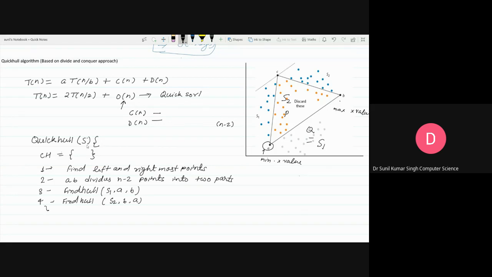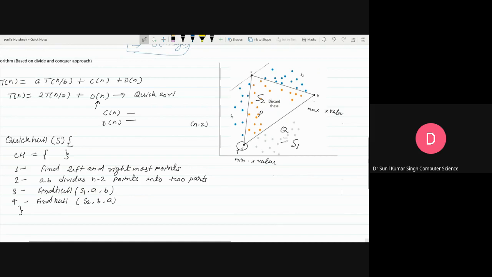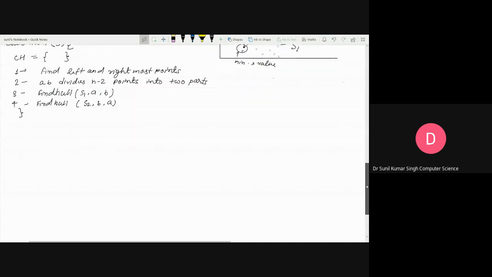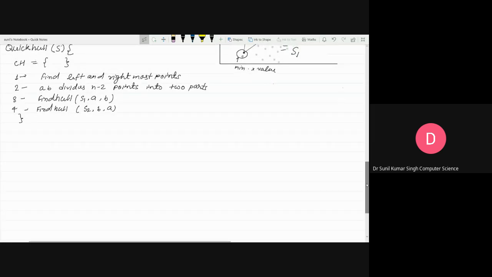So this is the quick hull algorithm. And what we have to do is define the find hull also.